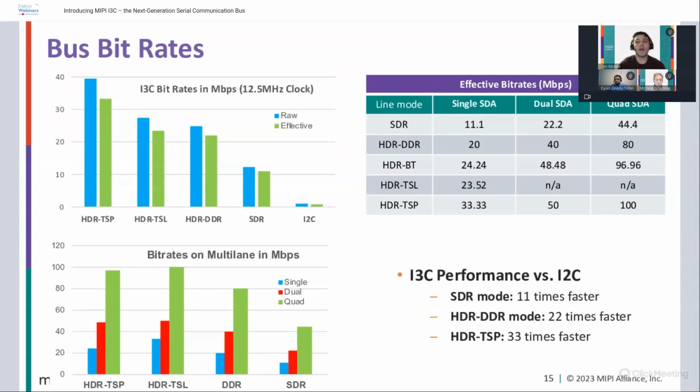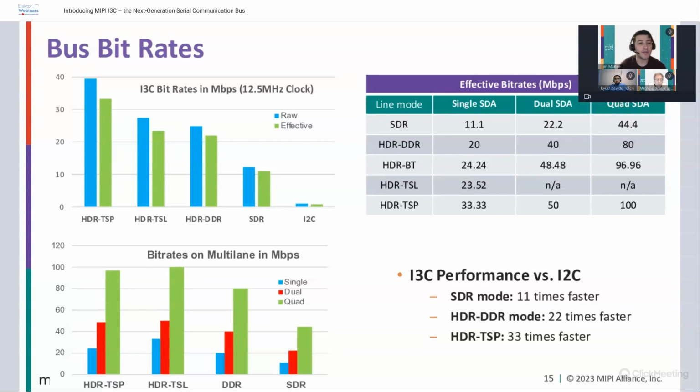So what do all of these extra features, all of this technology, really bring to us with I3C? Well, first and foremost, we get a much higher bit rate than your classic I2C.